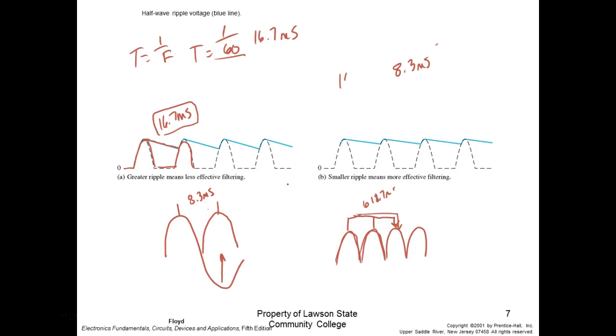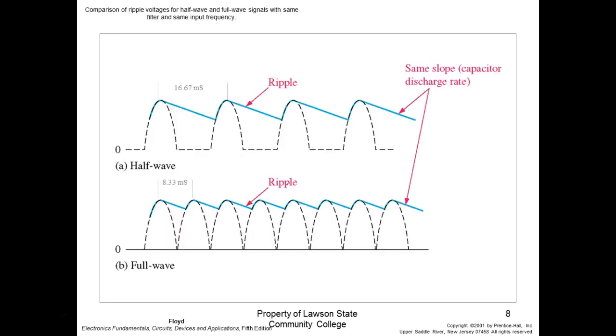Are we okay? So we call this a ripple frequency. So the ripple frequency for a half wave is going to be exactly the same as the input frequency. The ripple frequency of that ripple voltage for a full wave is going to be twice.